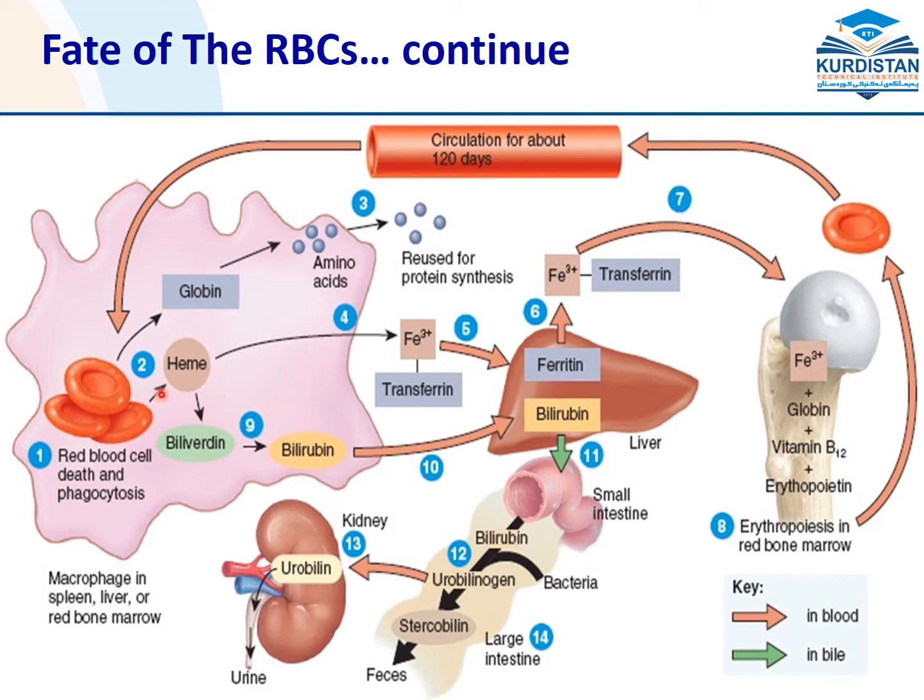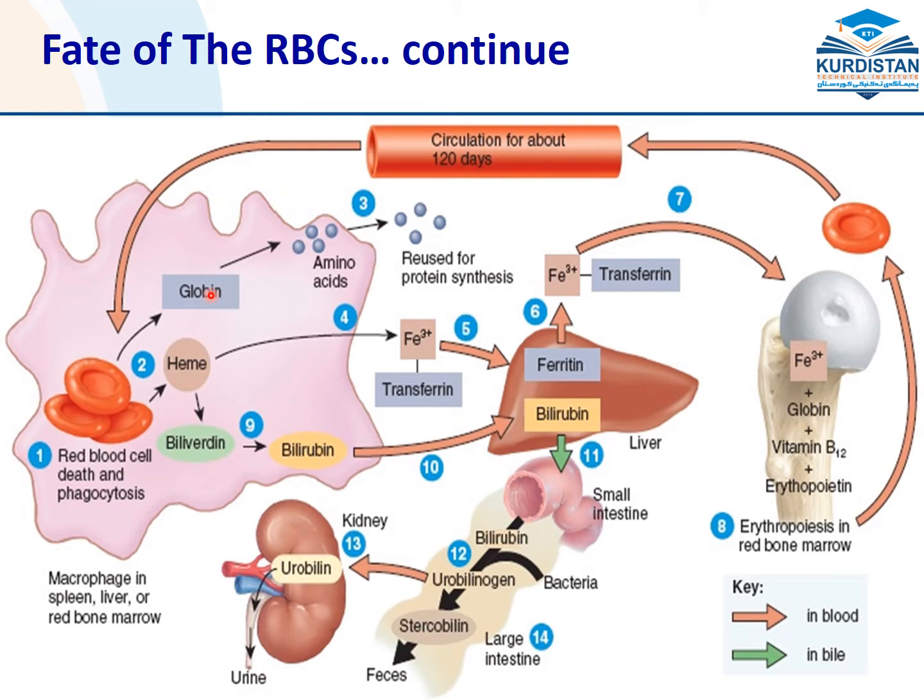After removing the aged and defective cells, the red blood cells within the macrophage become hydrolyzed and degraded into heme and globin.